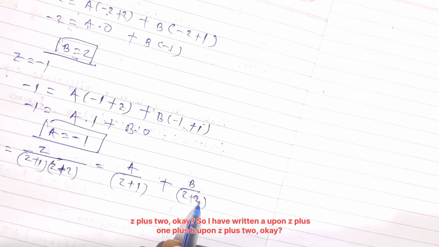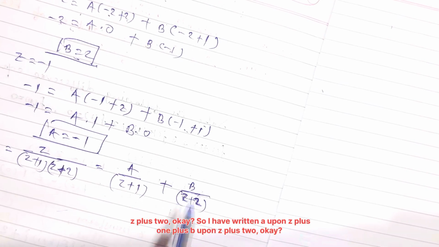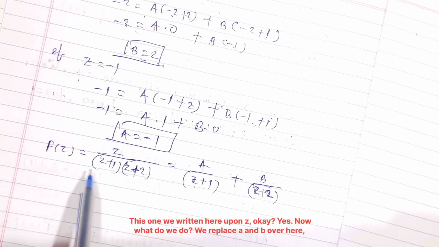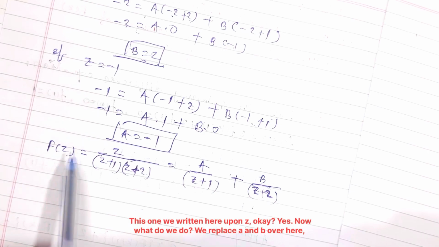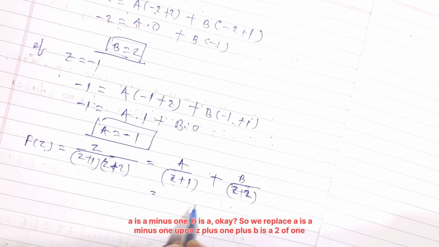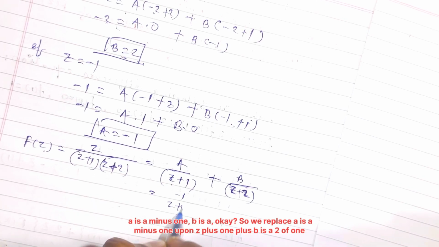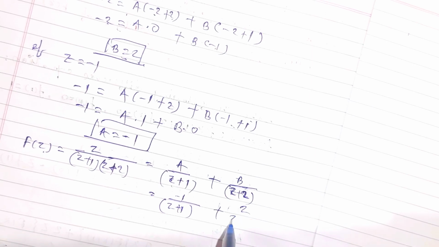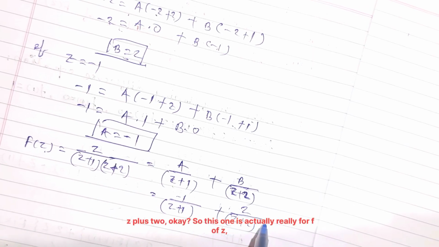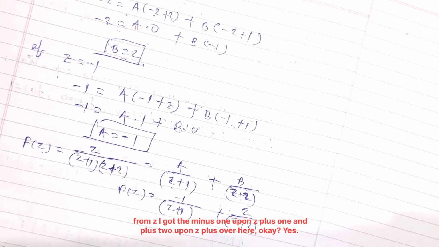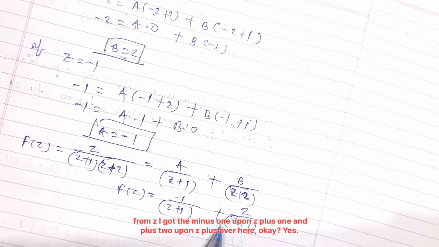Now we replace a and b over here: a is minus 1 and b is 2. So f of z is minus 1 upon z plus 1 plus 2 upon z plus 2. This is the actual value for f of z.